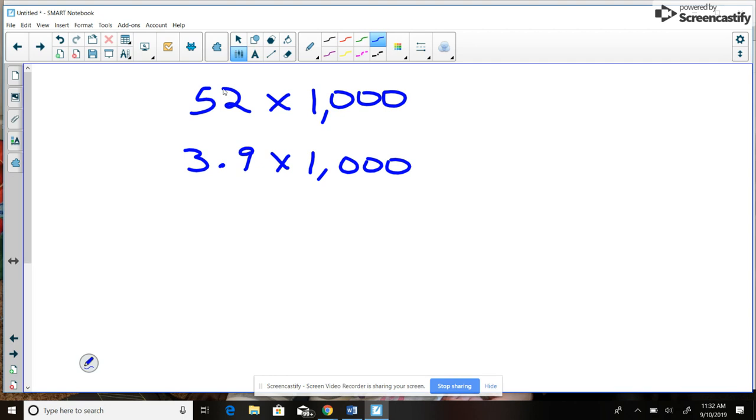Here are two examples of numbers that are multiplied by 1,000. Both will have digits go 3 places. 1, 2, 3 powers of 10. But one of them has numbers in a decimal place value and one has a whole number. So I know that my 5 that's in the tens place is going to go all the way to the 10,000s, and my 2 in the ones place is going to go to the 1,000s because they have to go 3 places.